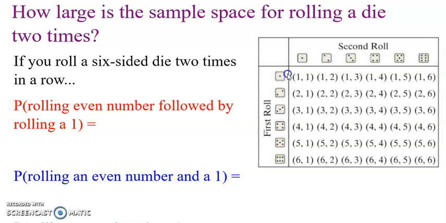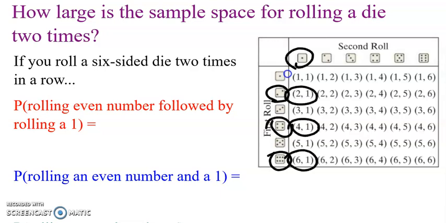So if it's an even number first, it has to be a 2, 4, or a 6, and then with our second roll, we have to have a 1. So that narrows it down to just 3 outcomes there out of 36, which is 1 out of 12, or 8.3%.